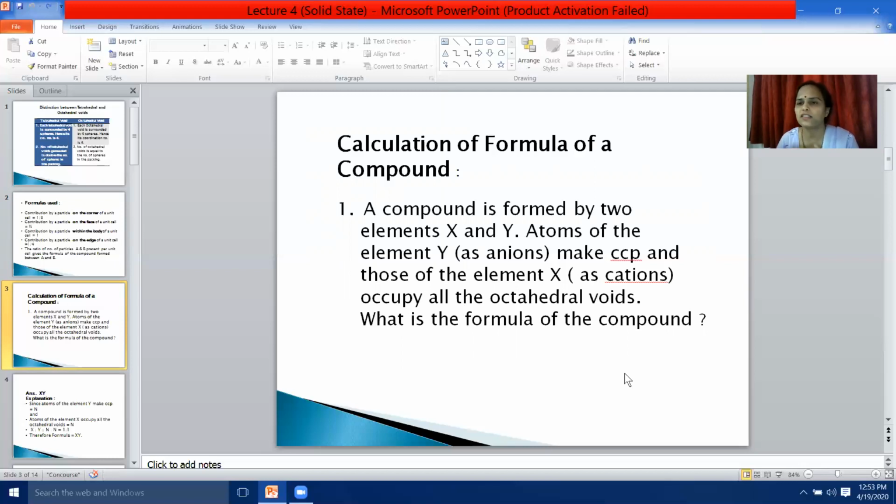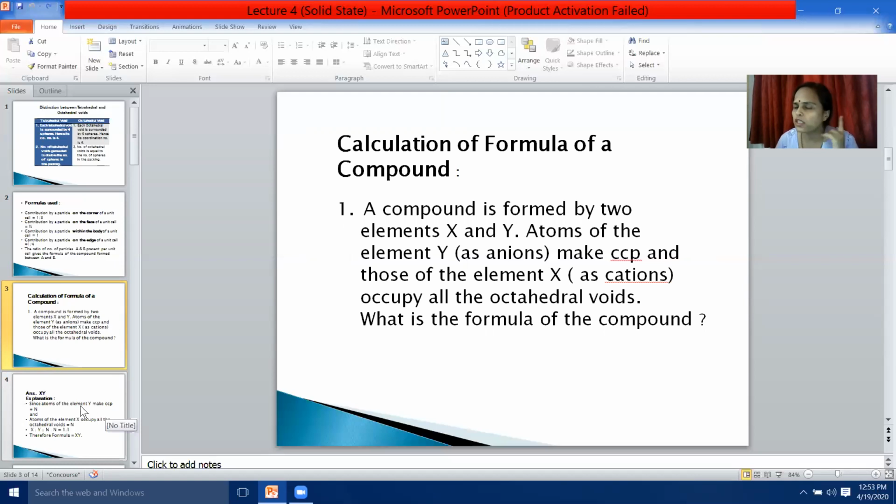Here lies the answer in the question only. Read the question carefully. A compound is formed by a combination of 2 elements X and Y. So see here, since atoms of the element Y as anions are making CCP structure.